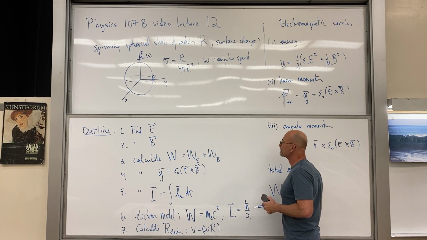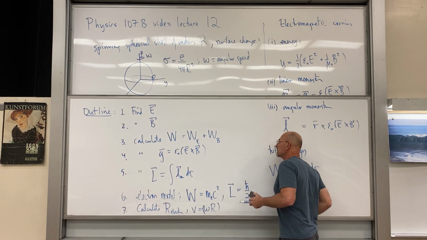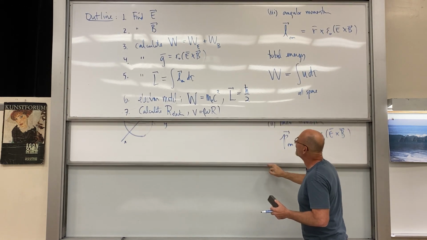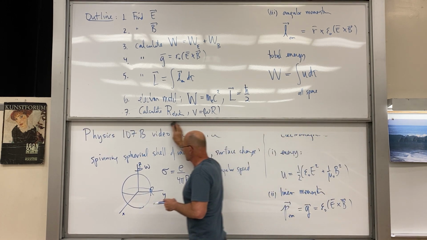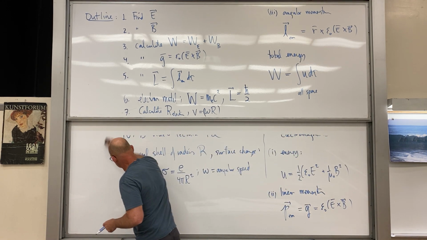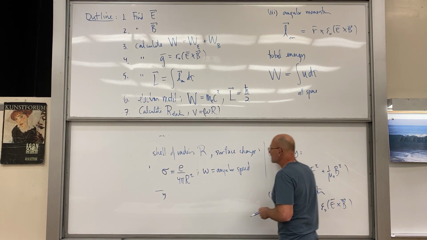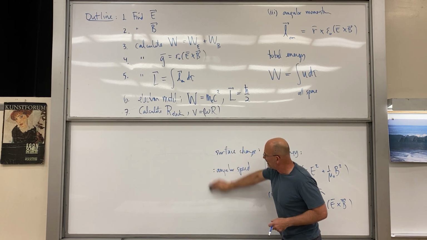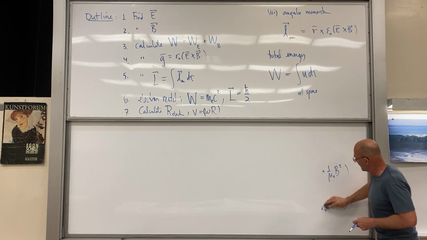Actually, how about I leave that list up there for the moment, so we have everything up there at once. Of course, the electric field is pretty basic. That's just using Gauss's law, and so we can just write it down.